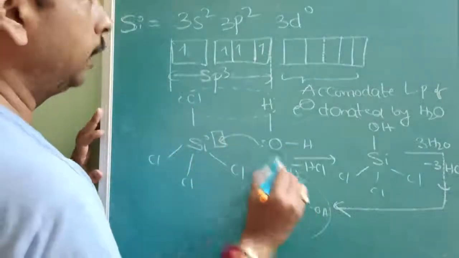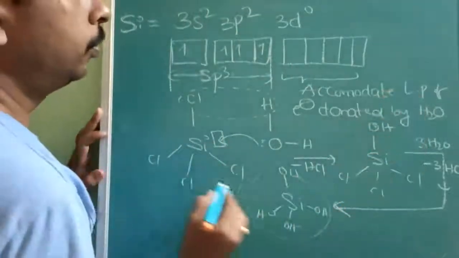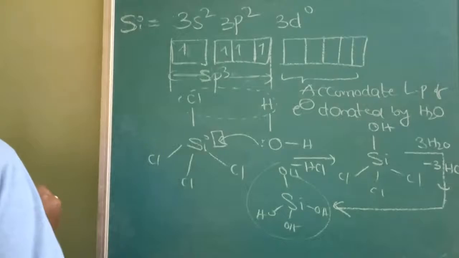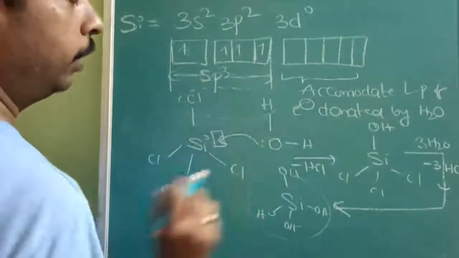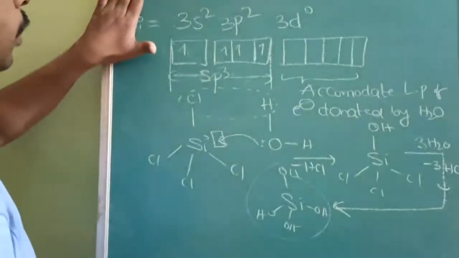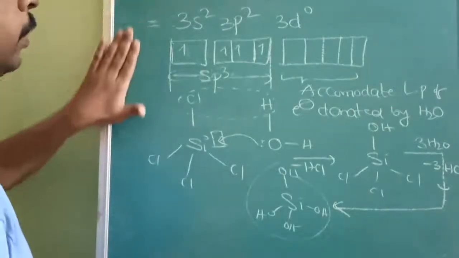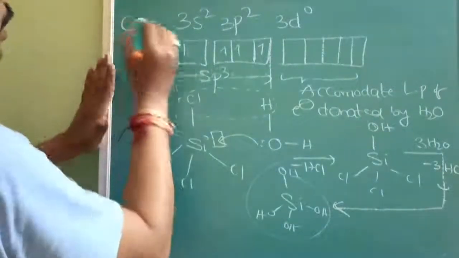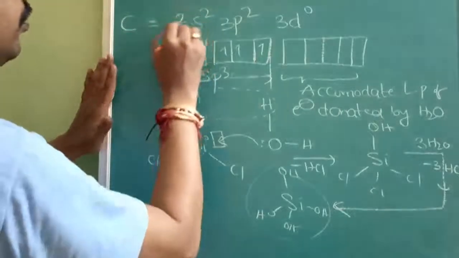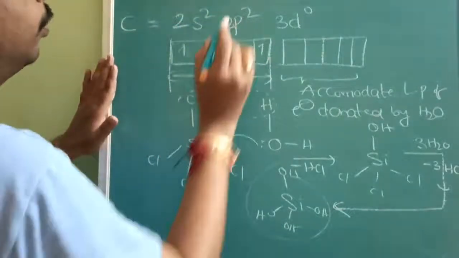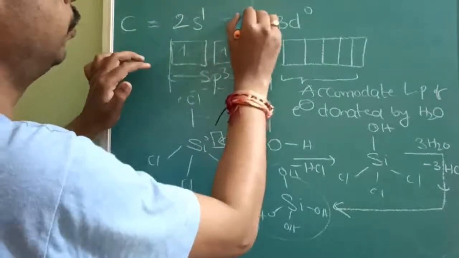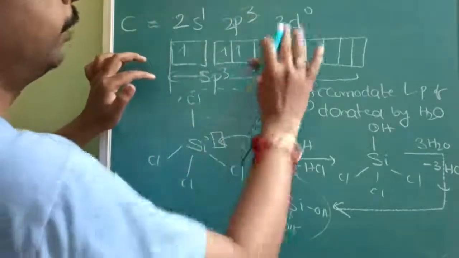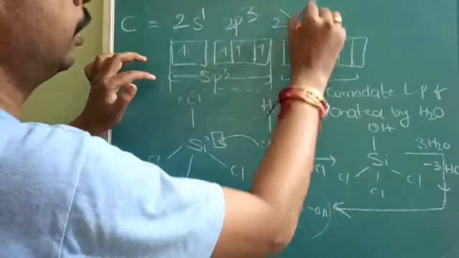So silicon is able to hydrolyze just because of the availability of d orbitals. Now in the case of carbon, it will be 2s2 2p2, and after hybridization 2s1 2p3, sp3 hybridization, but 2d is not there.